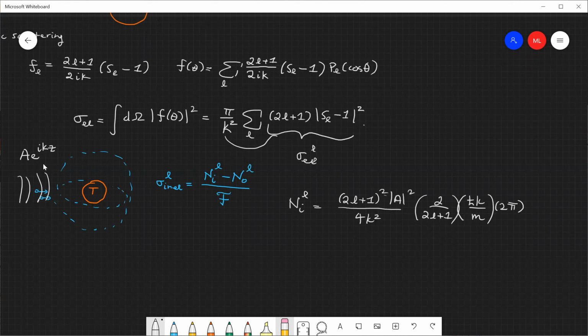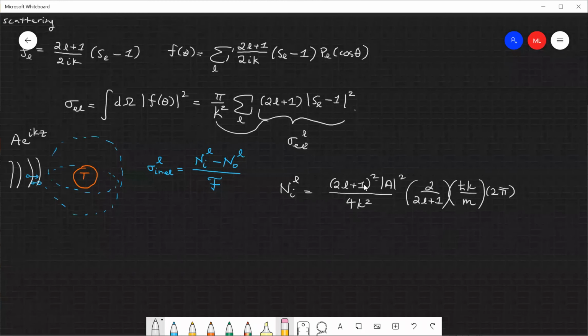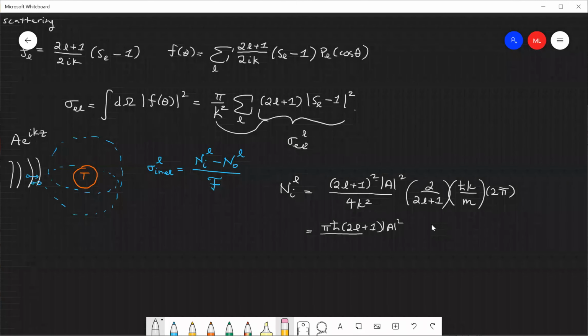You expand this in incoming and outgoing spherical waves, and you just look at the incoming part of the spherical wave, and that lets you extract these factors here. The finding is that the number of particles coming in from that particular mode is just given by this.